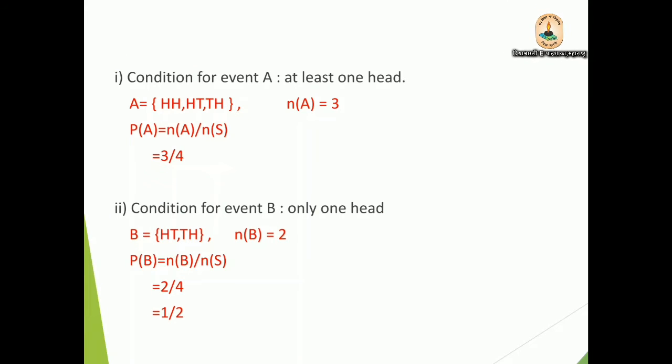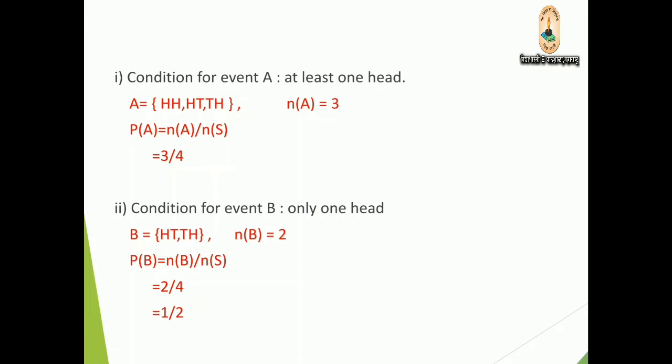Now the event A is getting at least one head and therefore event A is A equals to curly bracket HH, HT, TH. There are 3 sample points and therefore n of A equal to 3. Hence probability of A equals to n of A upon n of S, that is equals to 3 upon 4. Thus probability of A equals to 3 upon 4.